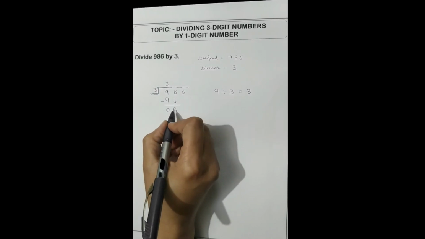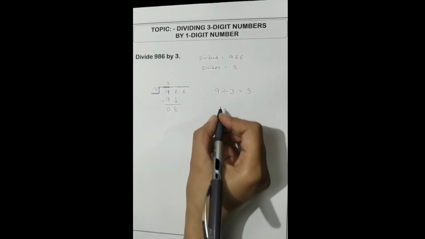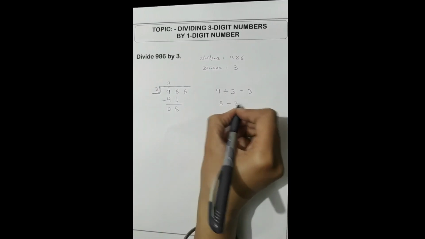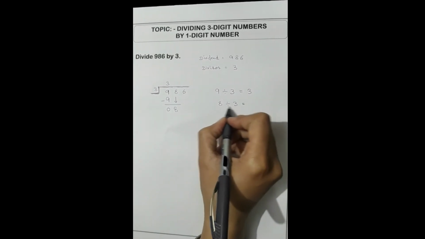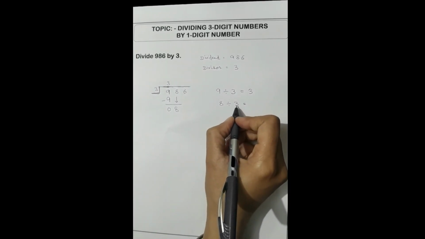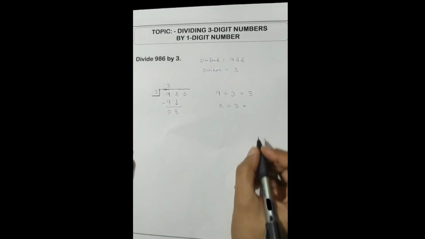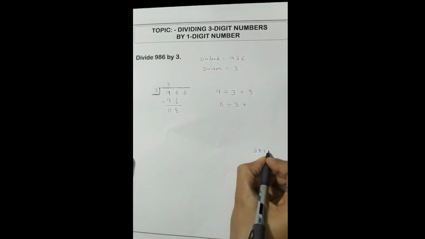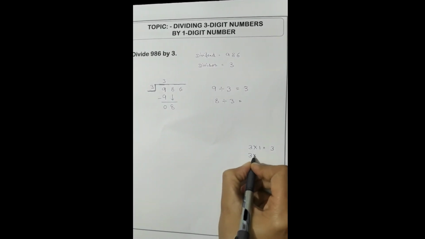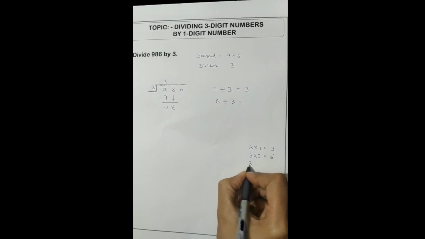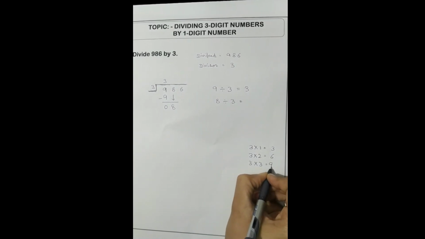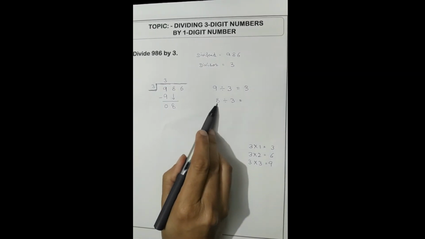Now 8 is the dividend. 8 divided by 3. Now you will write the table of 3 here. 3 ones are 3, 3 twos are 6, 3 threes are 9. As you can see, 9 is greater than 8.